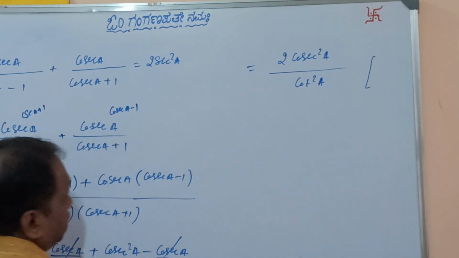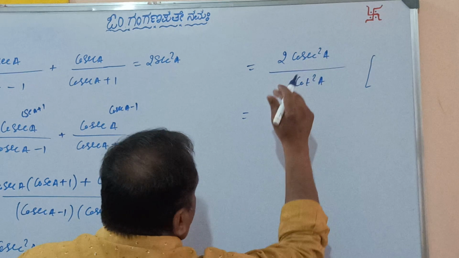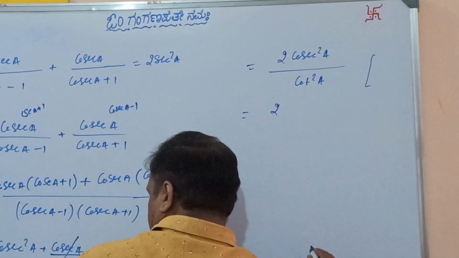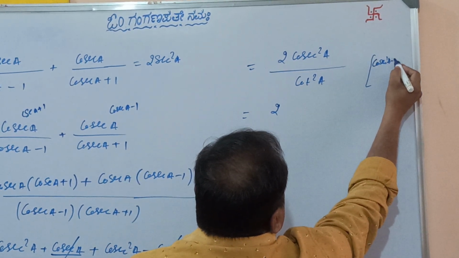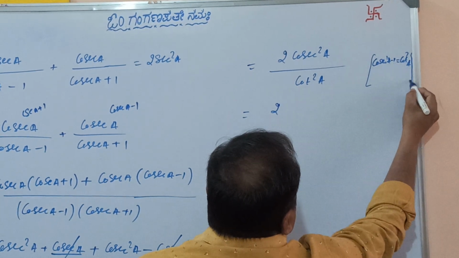Cosec square A minus 1 is equal to cot square A.